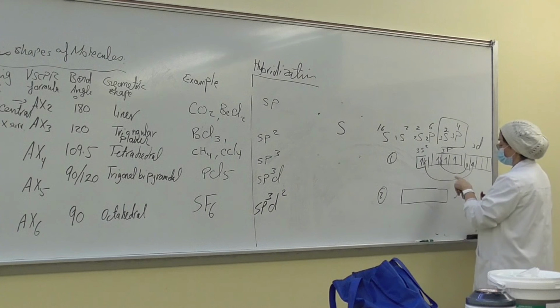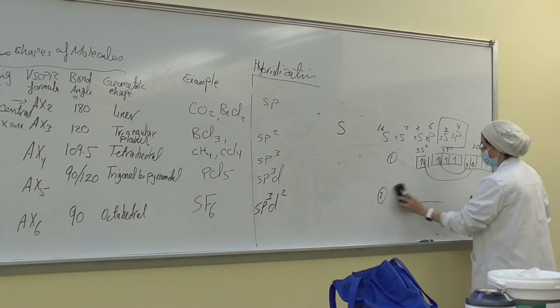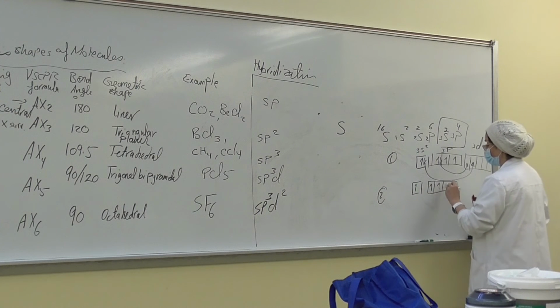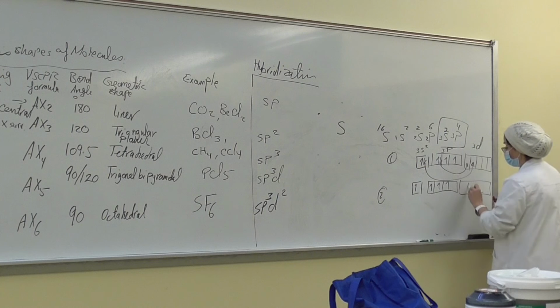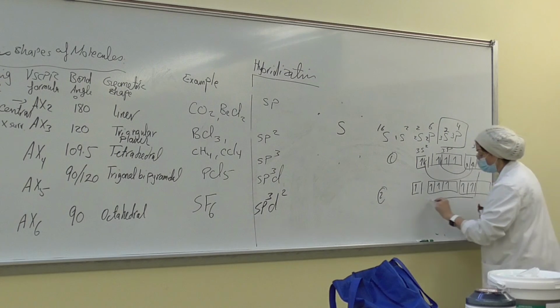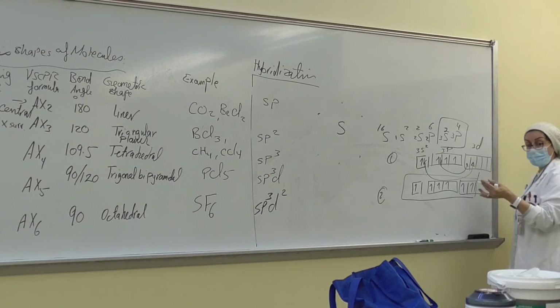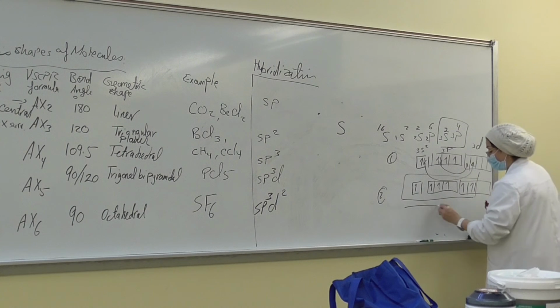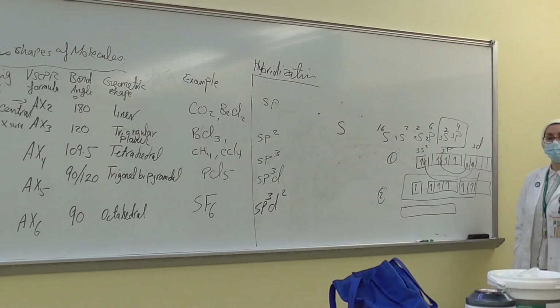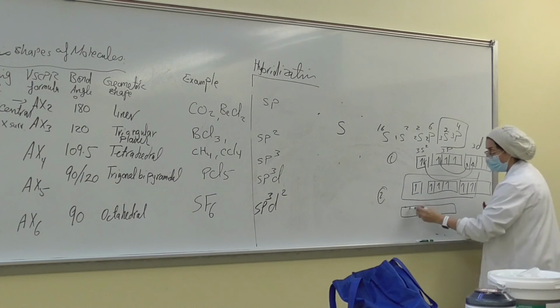So when they are promoted first, we end up having 3 single here, and we are going to have another 2 single from D. And then all of those, 6 of them, are going to overlap, coming together, making one type of new hybrid orbital.